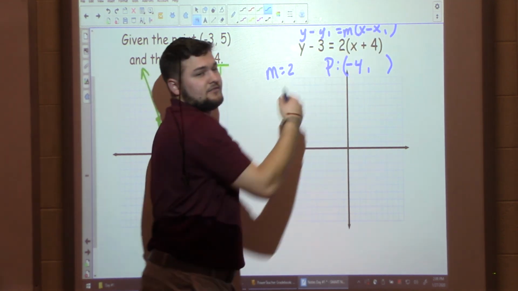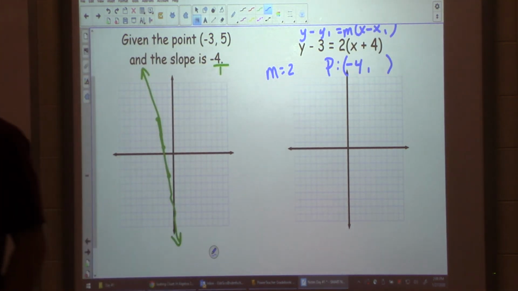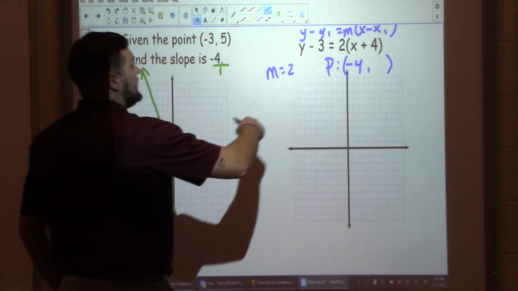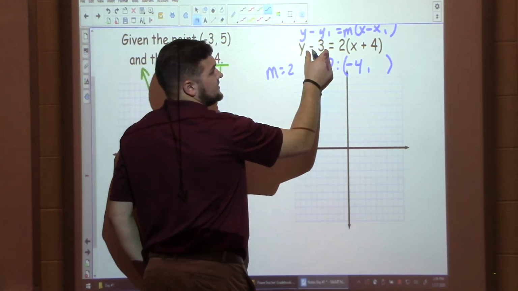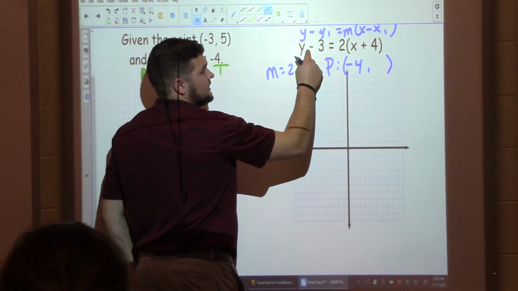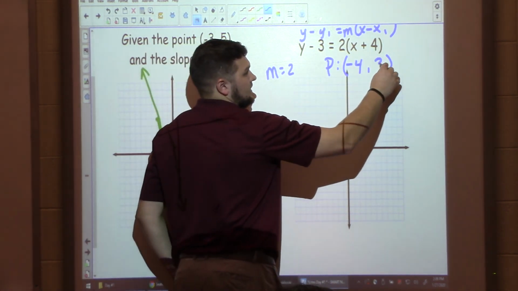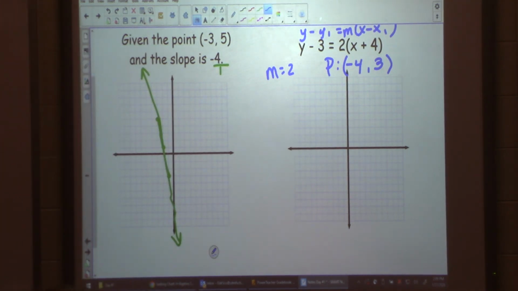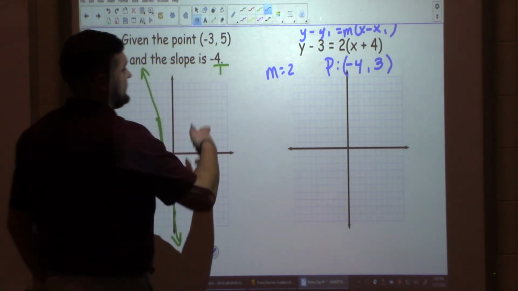So I plug -4 into there. I'm going to get x minus -4, which would be x plus 4. That's what I want. So we're basically taking the opposites of these two numbers. So y minus 3, I'm going to take a 3 out of there for my y1. If you're ever questioning that you took out the right point, plug it back in, see if it comes out to the same thing.